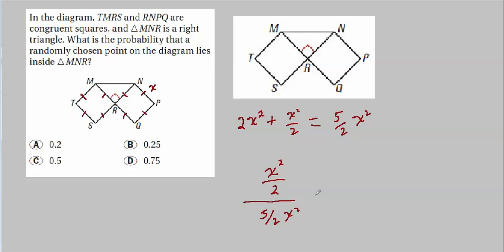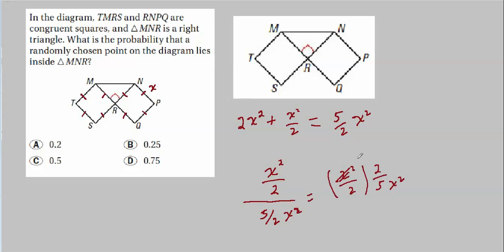Well, if we rewrite this, we get x squared over 2 times 2 over 5 times x squared. Well, looks like we didn't have to know any of these dimensions, did we?